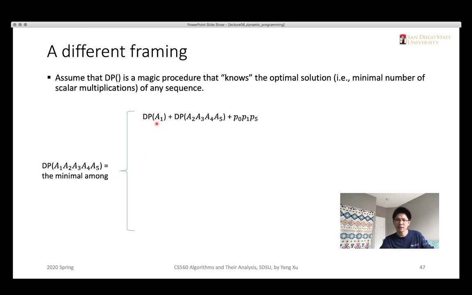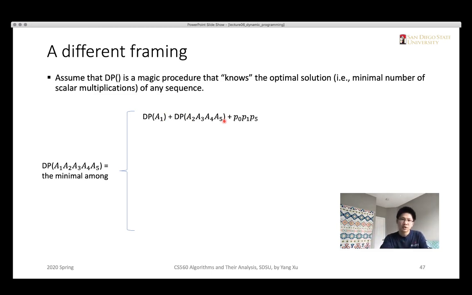The first one is to split the input chain into A1 as one single chain, and the second chain is A2 to A5. And then we call dp, the magical imaginary function, on these two subchains respectively. So dp of A1 will tell us the minimized cost of chaining A1, and dp on A2 to A5 will tell us the optimal solution of chaining A2 to A5.